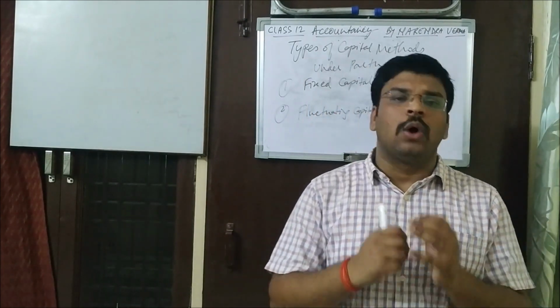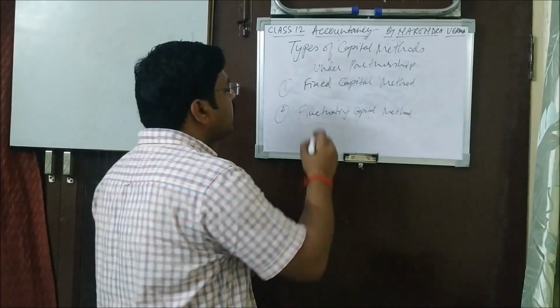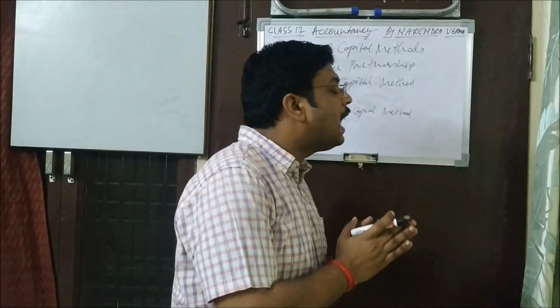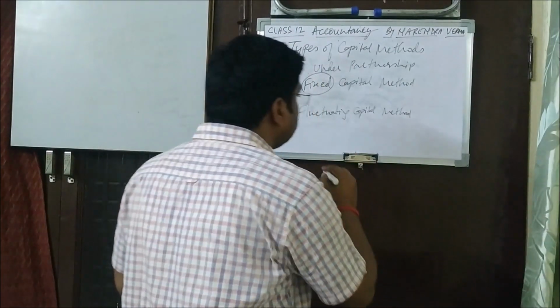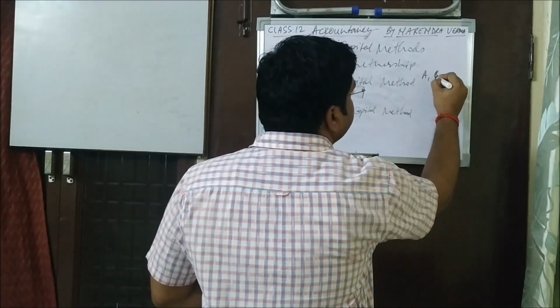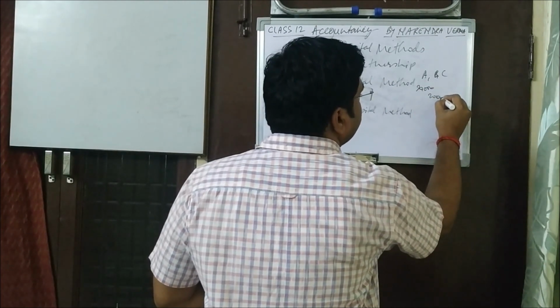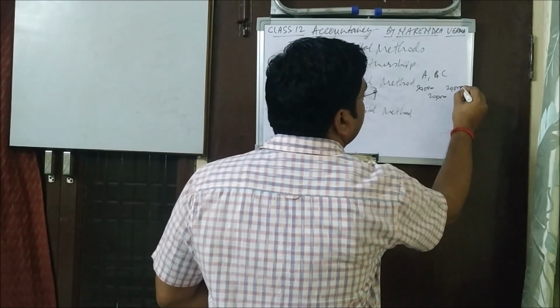Understood the point? Now, what happens? As you understand, fixed means the amount of capital remains unchanged. For example, there are A, B, C, three partners, and each partner has invested, say, 20,000.